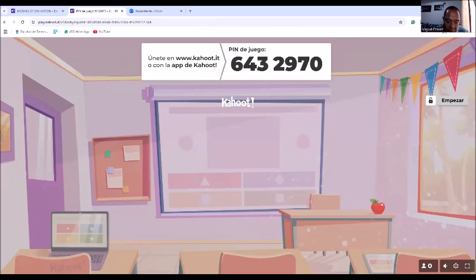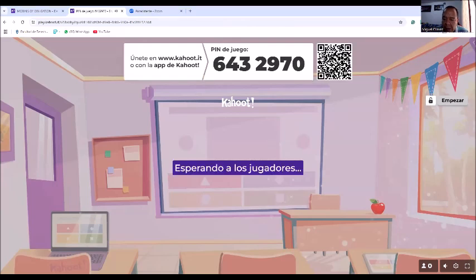Okay, the PIN for our game is 6432970, or scan the QR code, please.